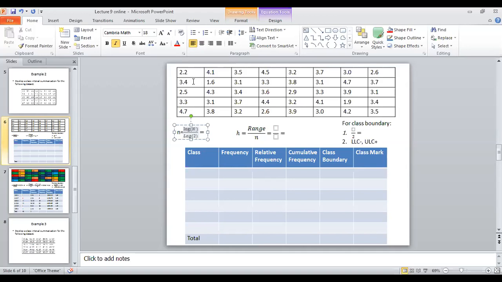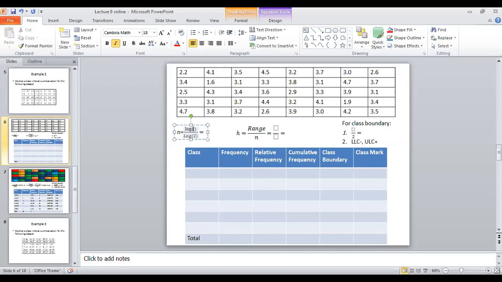So we basically have 1, 2, 3, 4, and 5 rows, and 1, 2, 3, 4, 5, 6, 7, 8 columns. So the total data set size is 5 by 8, that is 40. So capital N is 40.